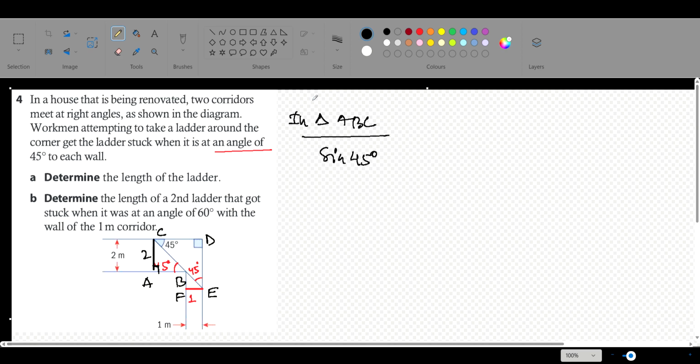Sine 45 degree is equal to opposite, which is 2, upon hypotenuse, which is BC. So BC is 2 upon sine 45. Sine 45 is 1 over root 2. So it is 2 root 2. So BC is 2 root 2.